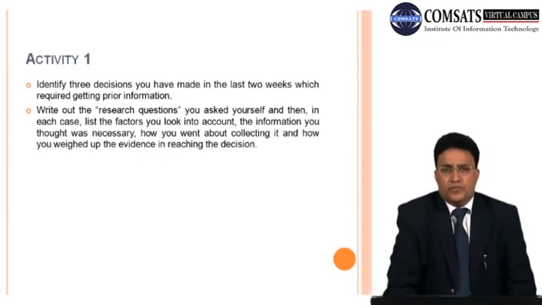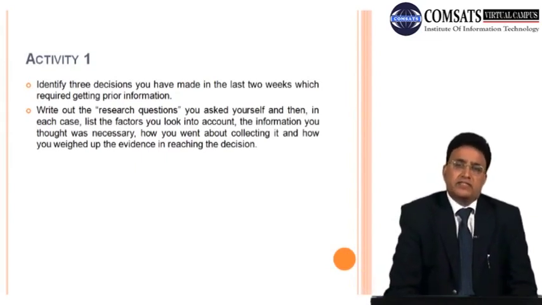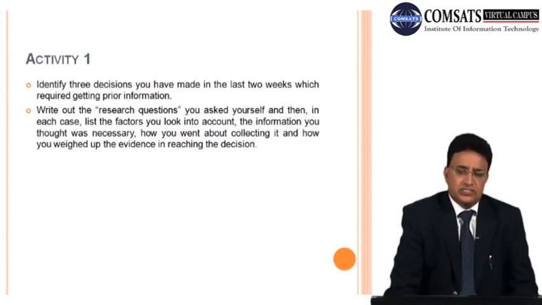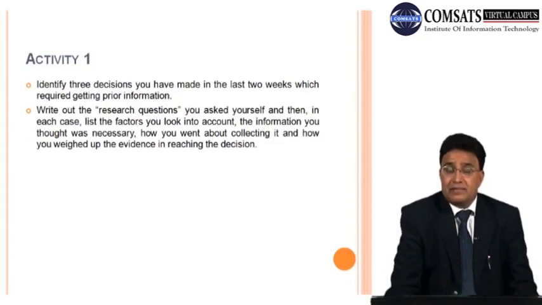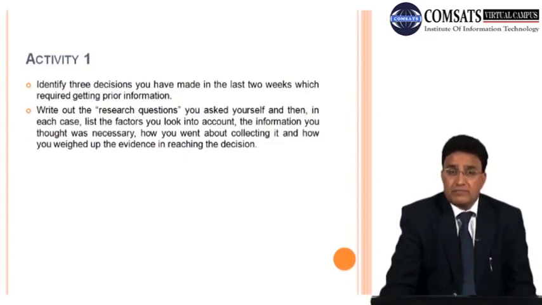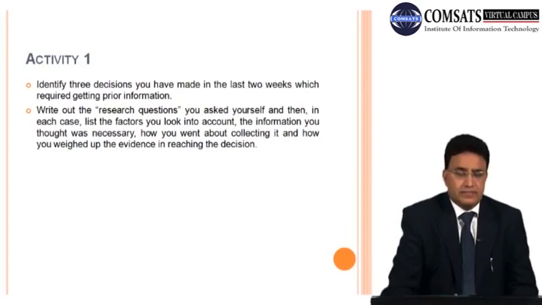Keeping in view what I have said so far, I would like you to identify 3 decisions you have made in the last 2 weeks which require getting prior information, like buying a car or something else, maybe a washing machine, or opening a bank account. And think about this.